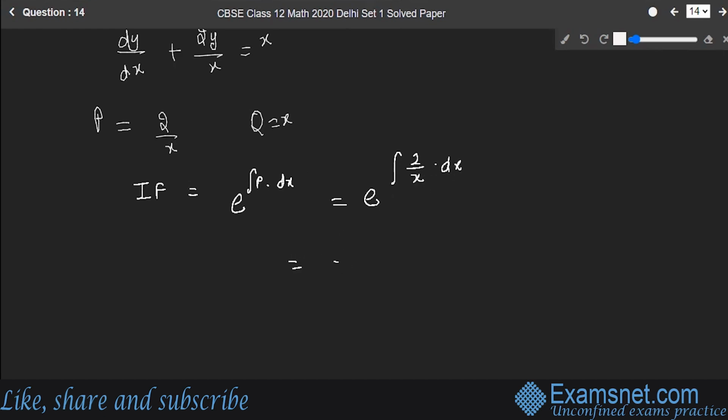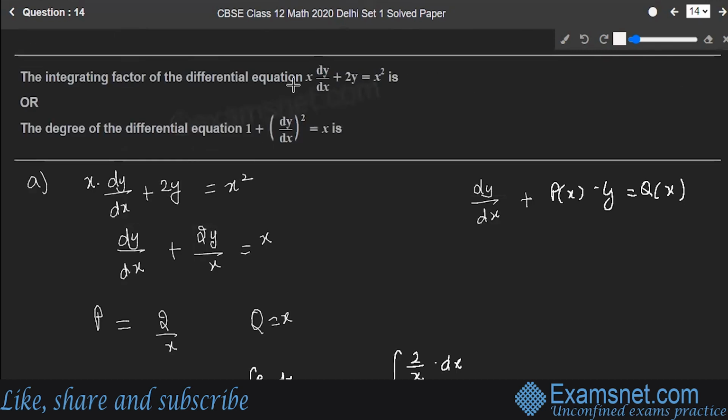This will be equal to e^(2 log x), which is e^(log x²), or x². So this is the answer to the first part. The integrating factor of the differential equation is x² only.